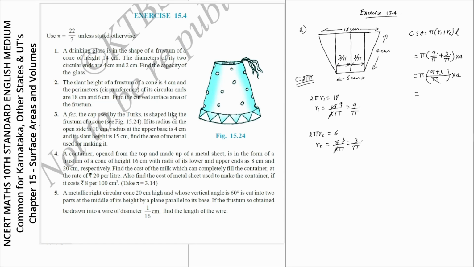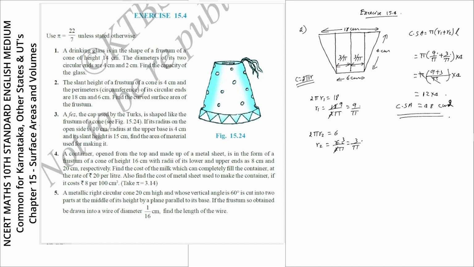Here pi and pi will get cancelled. 9 plus 3 is 12. 12 into 4, 12 fours are 48. 48 centimeter cube is the curved surface area of the given frustum. Sorry, this is centimeter square. So always area will be in centimeter square or meter square, or millimeter square. Only volume will be in centimeter cube or in meter cube.